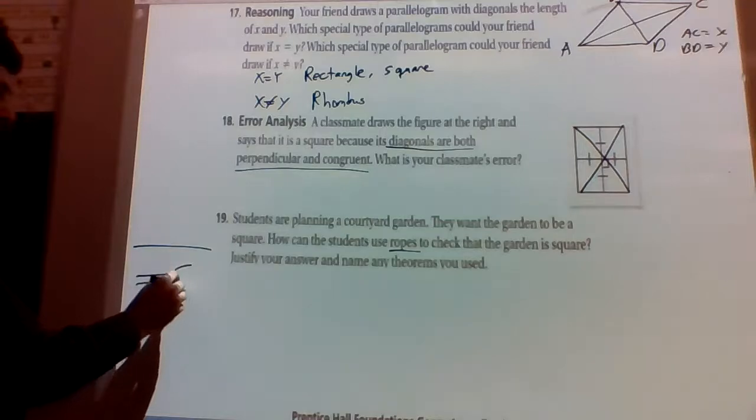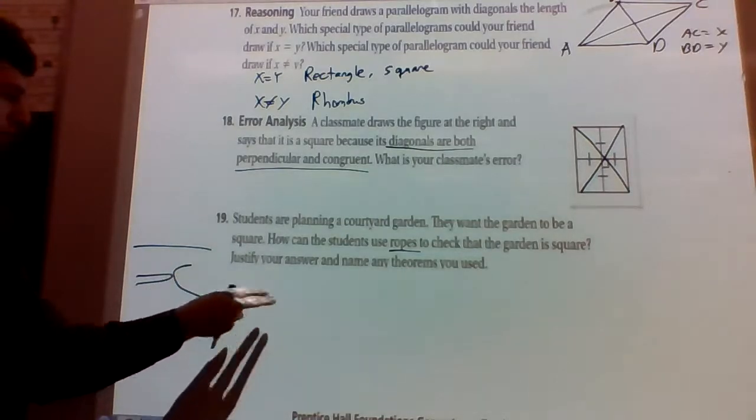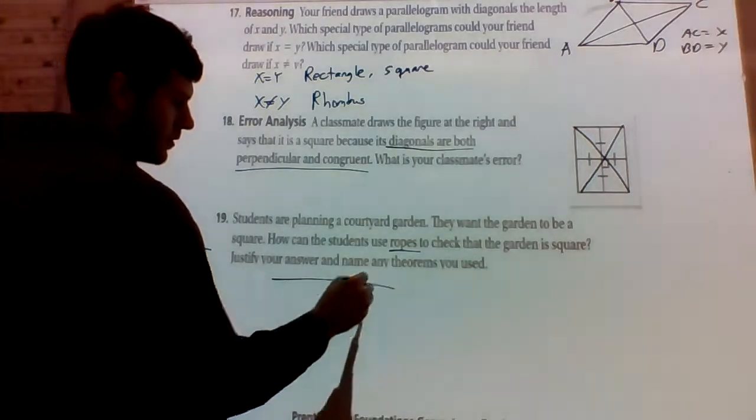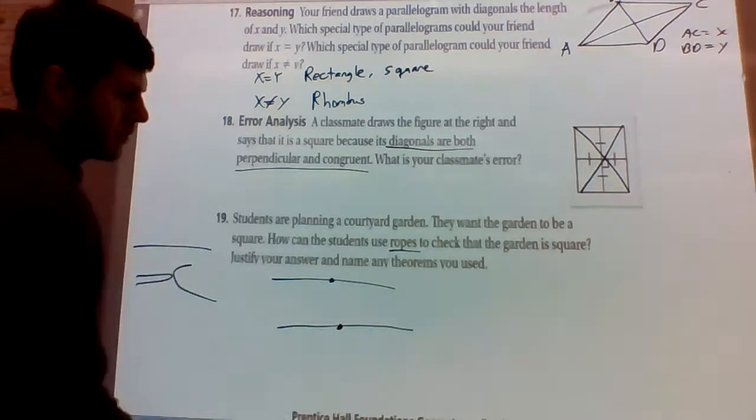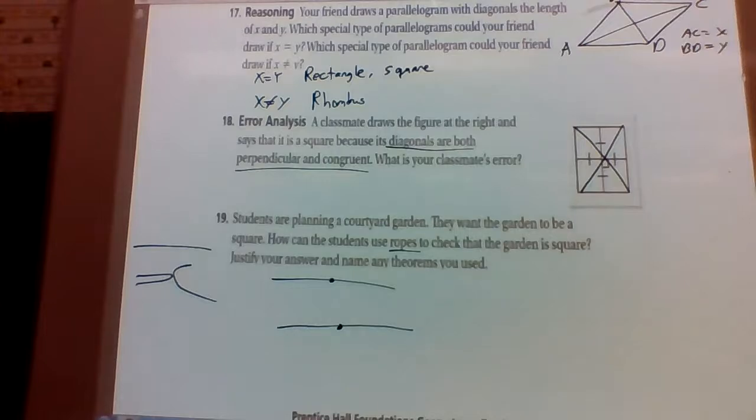No, that wouldn't. But if you had two of them, that would, right? So if you had two different strings, you fold each in half to find the midpoint. Then you just put the midpoints together.